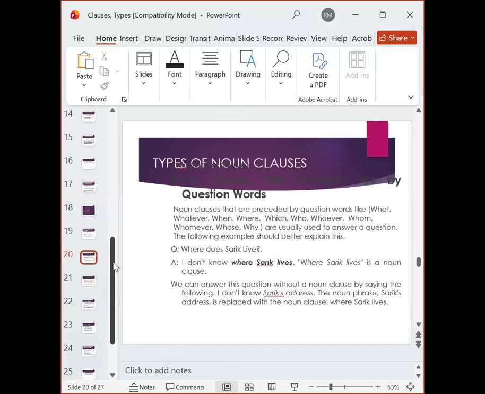Now remember, I said we have three types of noun clauses. We have the WH, the that nominal clause, and the yes or no. Keep these three types in mind. The first type that we'll be looking at is what we call the WH nominal clause.